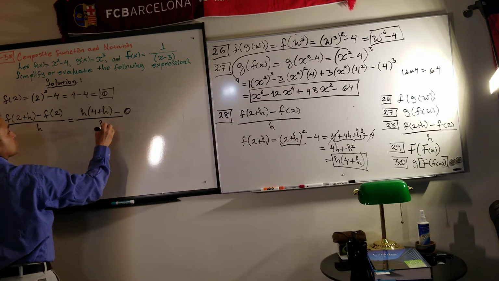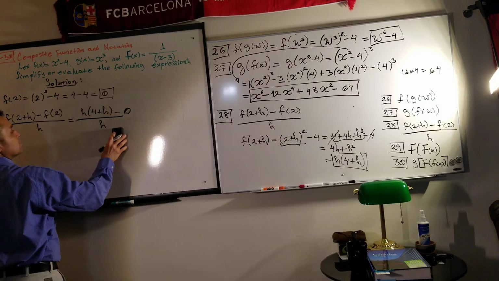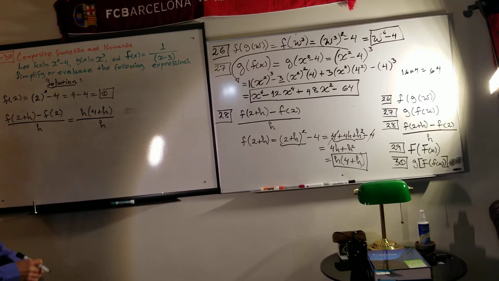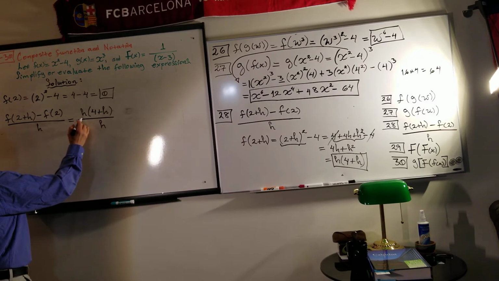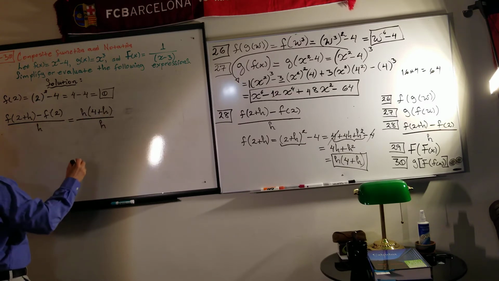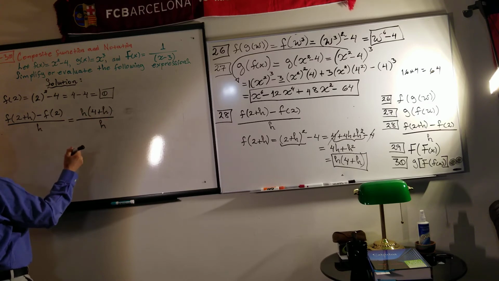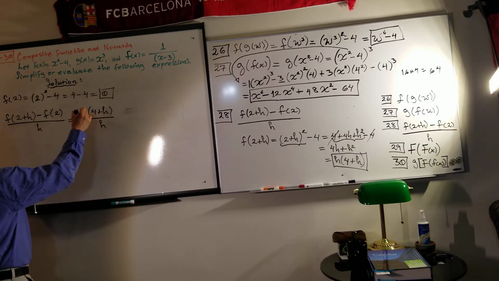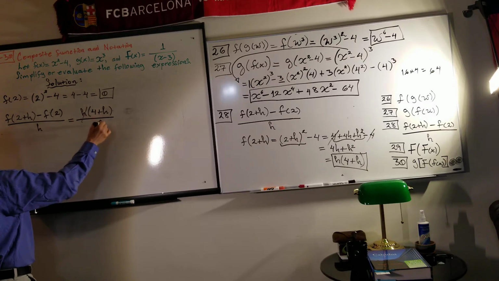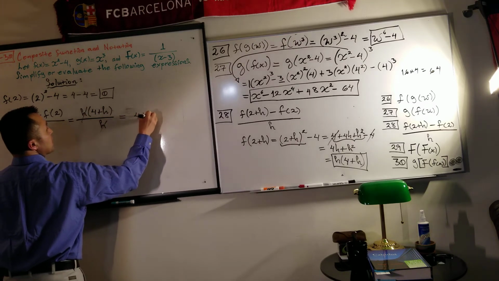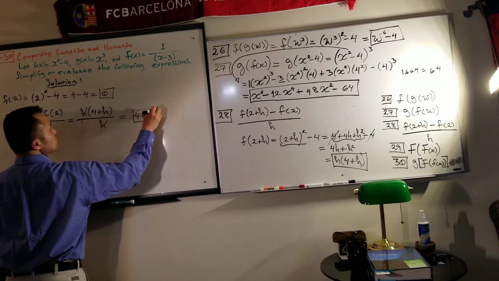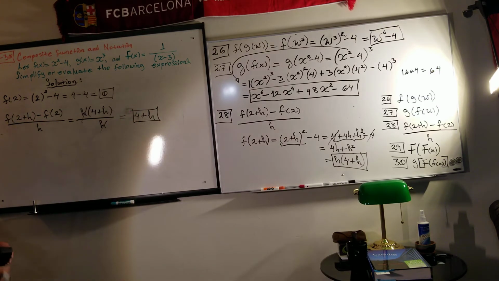Divided by h. Okay, and this is like half this expression. And then, since h is multiplying with 4 plus h, you can reduce the expression, h divided by h is 1, and we only have 4 plus h, and that is the minimum expression of f of 2 plus h minus f of 2 divided by h.